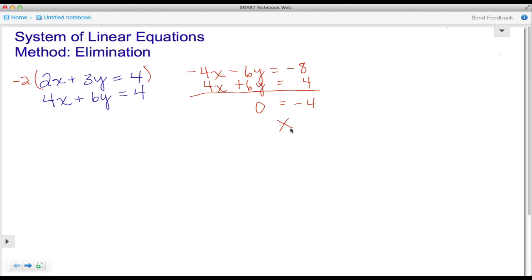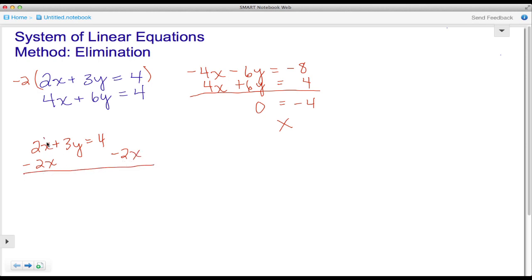And to prove that, we're going to graph these. But first, let's put both of these equations in the slope intercept form. So basically, that just means I have to solve for y. Let's start with the first equation here. 2x plus 3y is equal to 4. Let's subtract 2x from both sides.